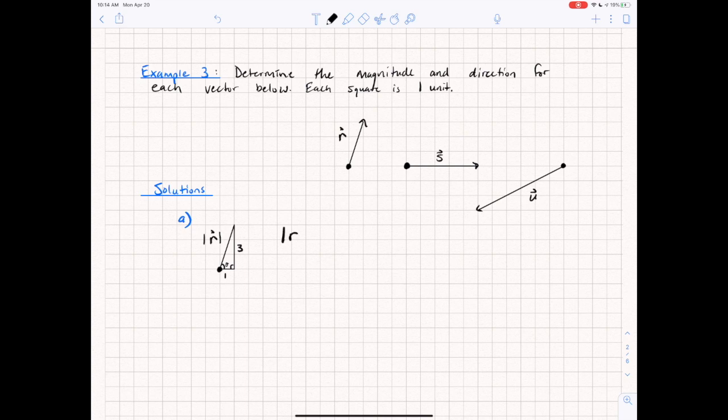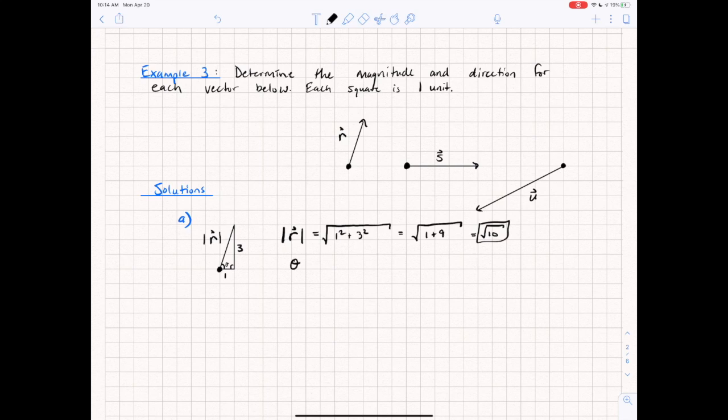And so the magnitude for r is equal to the square root of 1 squared plus 3 squared. Well, this would be the square root of 1 plus 9, which is the square root of 10, and this is good. We don't need to approximate this. Square root of 10 is exact. This is perfect.